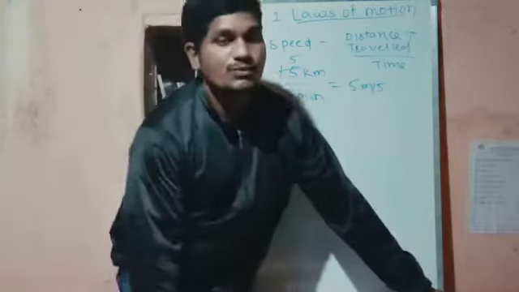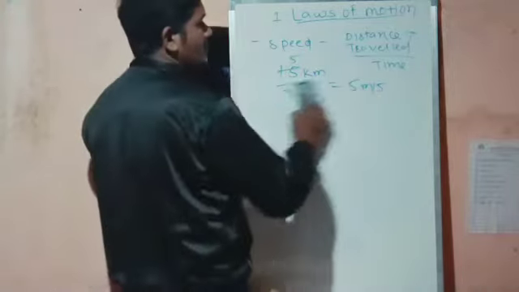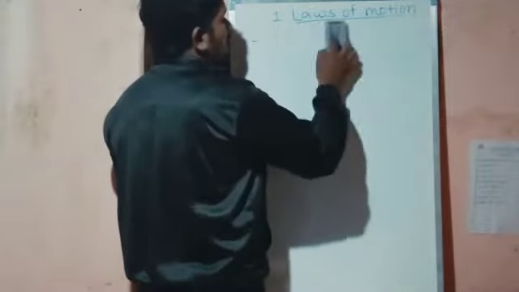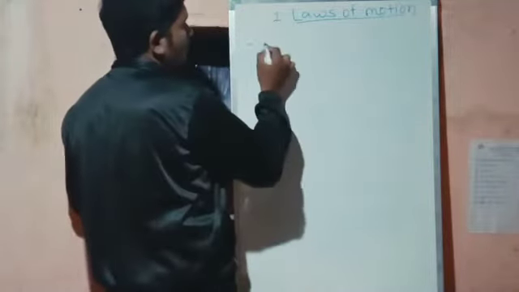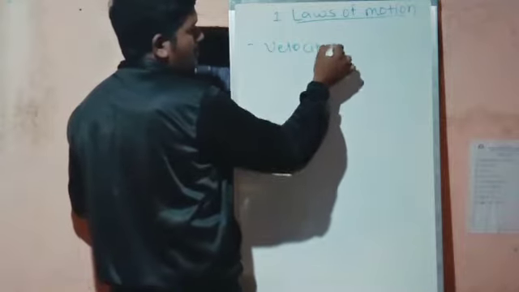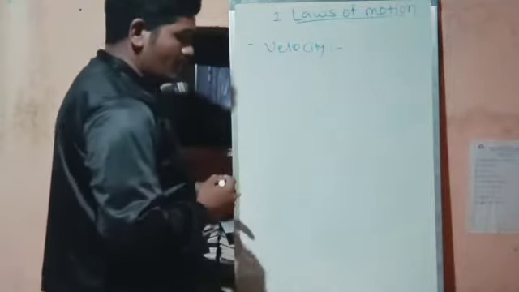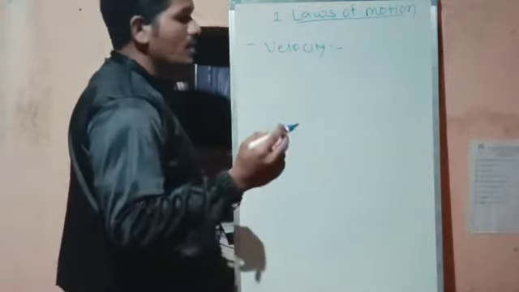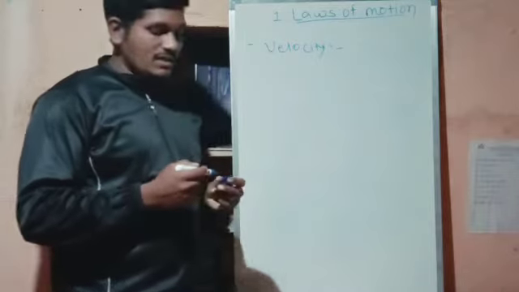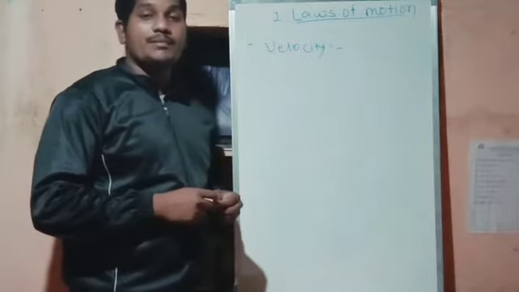Now the next term we will understand is velocity. Velocity is nothing but, as we have seen the formula for speed, the total distance covered upon the time required for it.